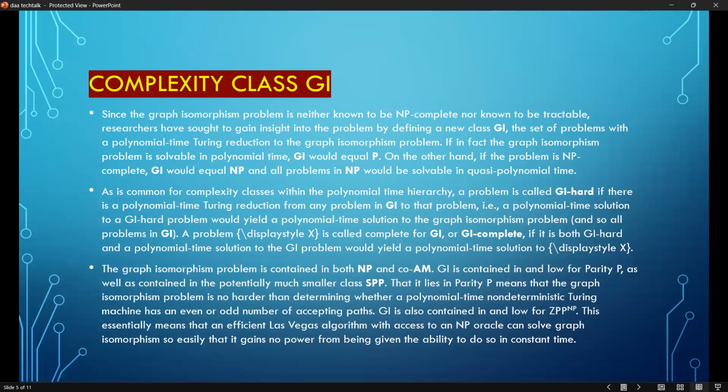GI is also contained in and low for ZPP^NP. This essentially means that an efficient Las Vegas algorithm with access to an NP oracle can solve graph isomorphism so easily that it gains no power from being given the ability to do so in constant time.